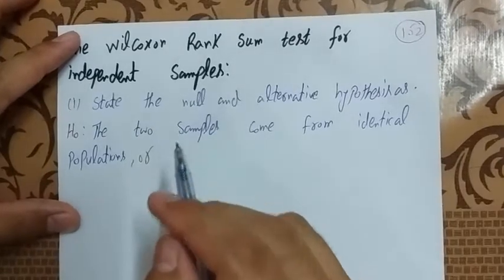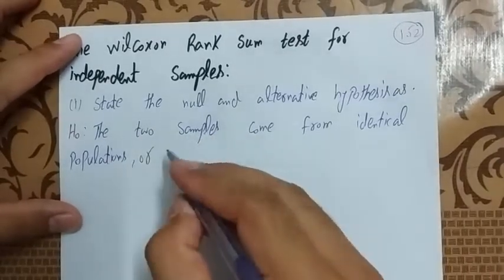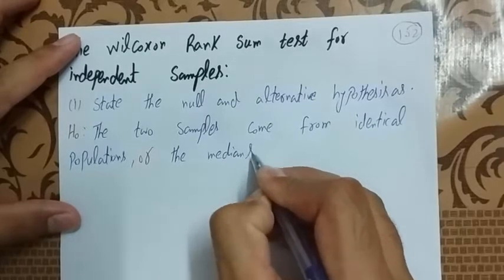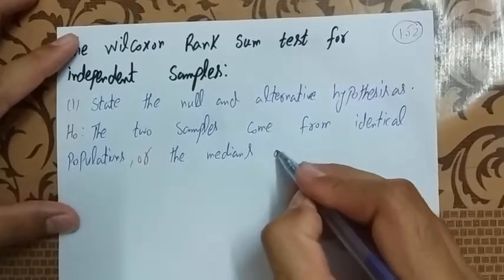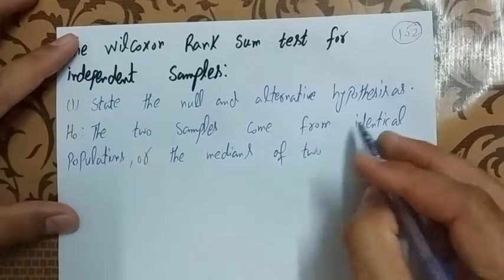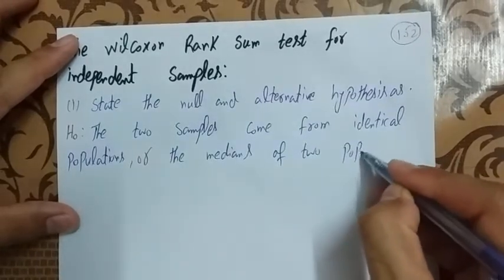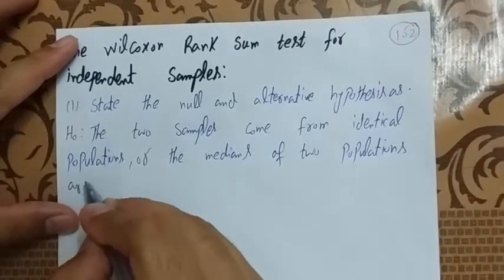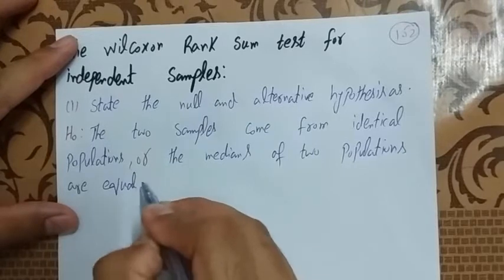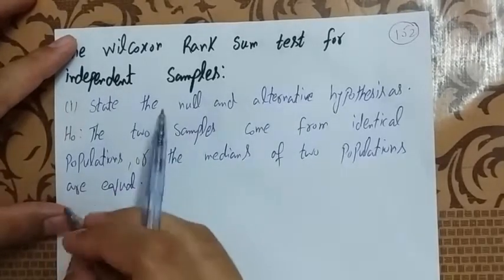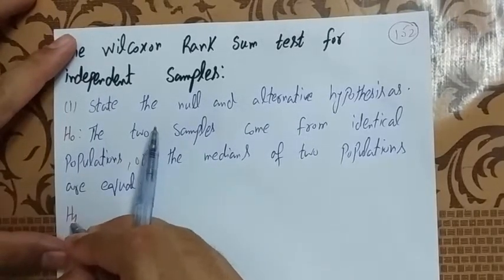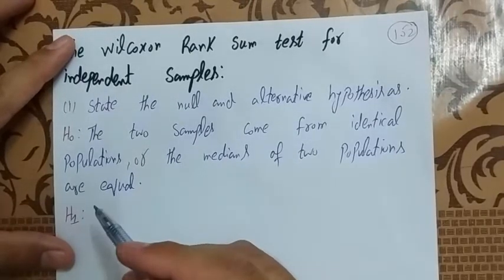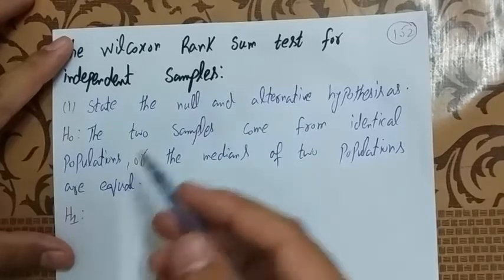the medians of the two populations are equal. And its alternative hypothesis, that is H1, is that the two samples do not come from identical populations.